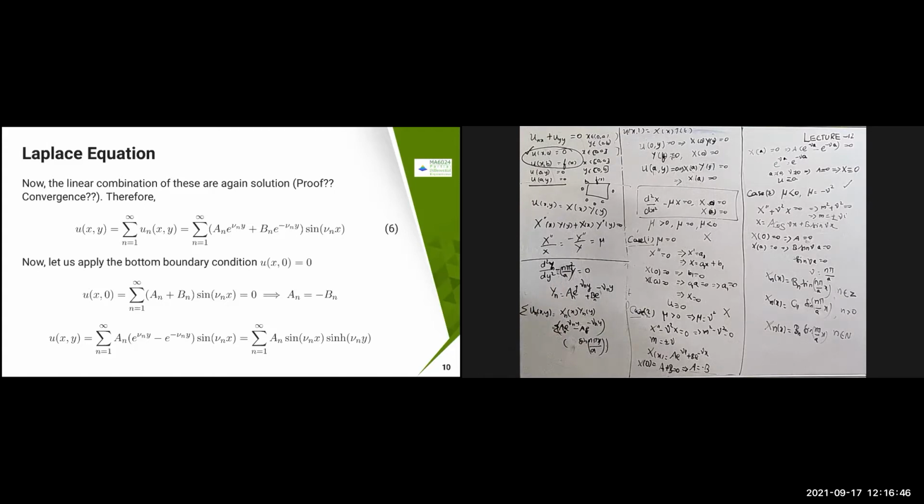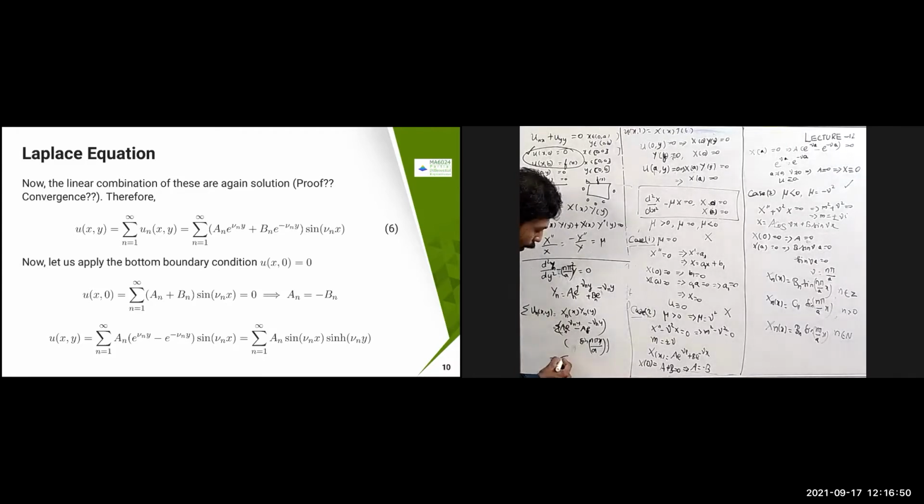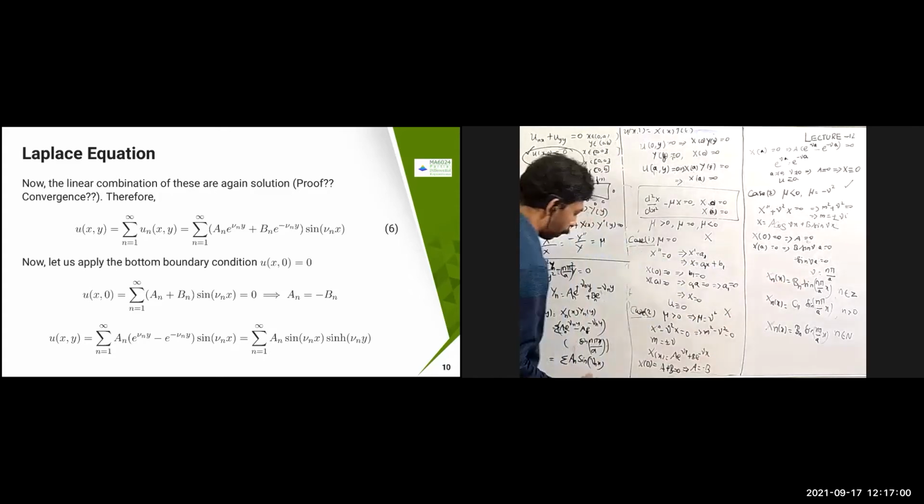So it's a hyperbolic function that you are going to get. Therefore, I can write this as summation a_n into sin(nπx/a), where ν_n is nothing but this one, into sinh(ν_n y).